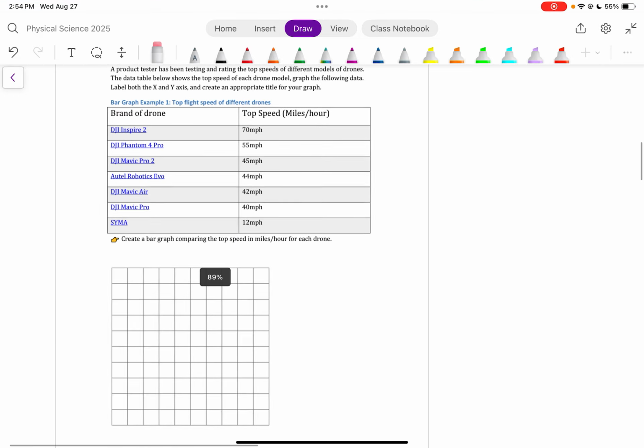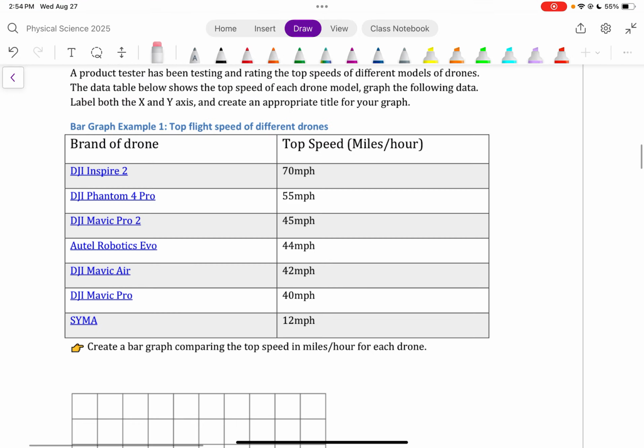So here, just a refresher, this first one is looking at brand of drones and top speed, and it's asking for creating a bar graph. We're going to compare the top speed in miles per hour for each one. In the reading, you have to label the X and Y axis and create a title.